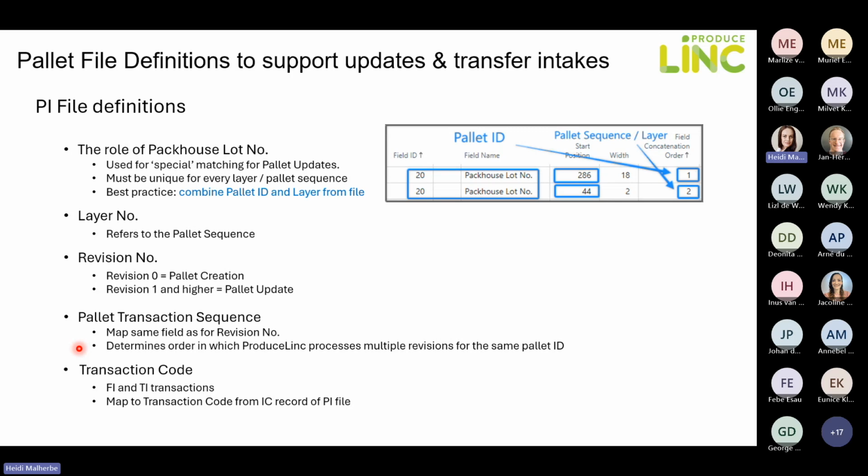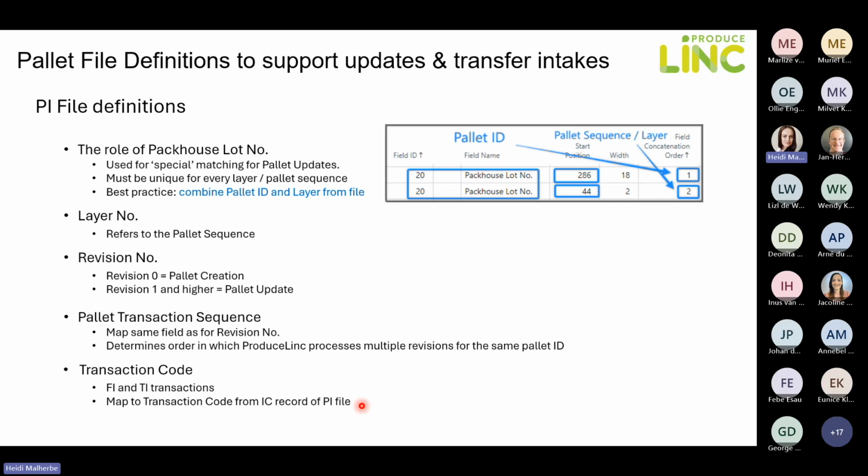So we will check that if it's trying to confirm transaction number 3, but it sees that there's a transaction 2 and possibly 1 before it that has not been confirmed, it will not process transaction 3. You have to kind of do it in the order in which things happened to the pallet and the packhouse. Make sense? Cool.